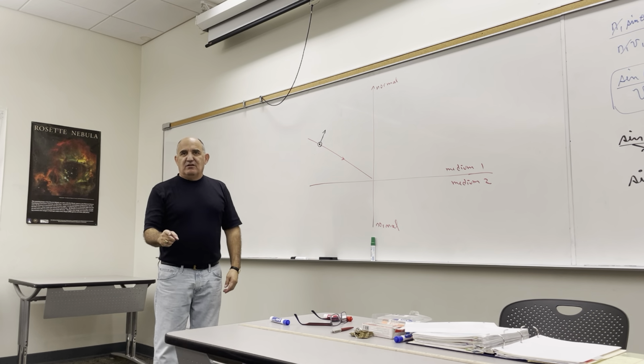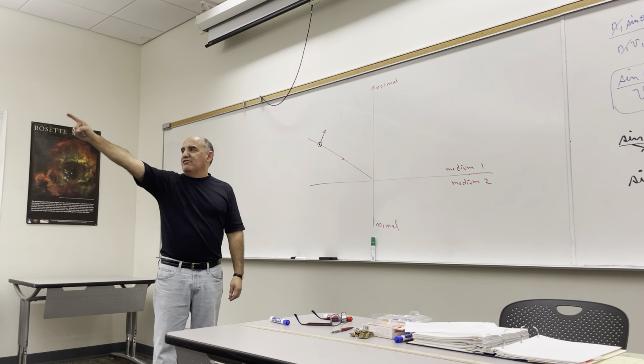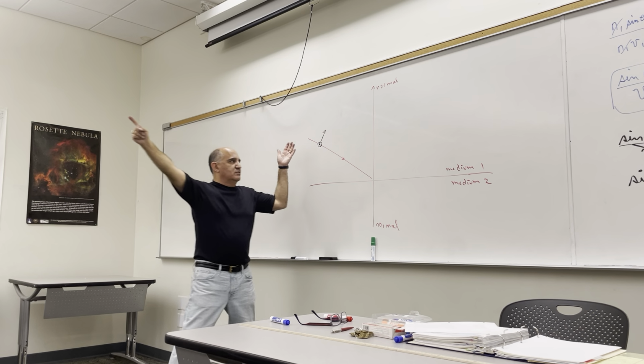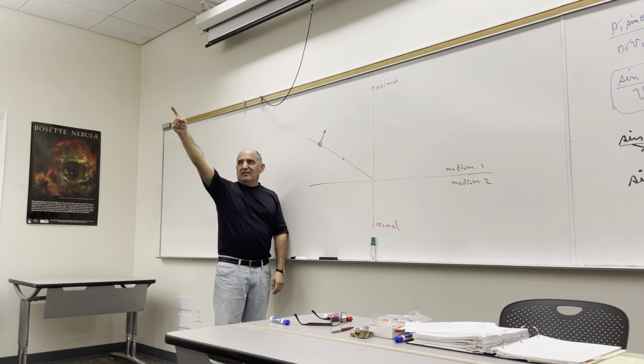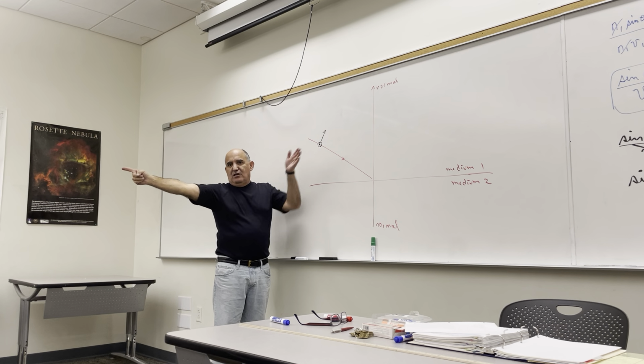So if I have a vector like that, I can resolve this into a component that's parallel to the plane of the board and another component that's perpendicular to the plane of the board.